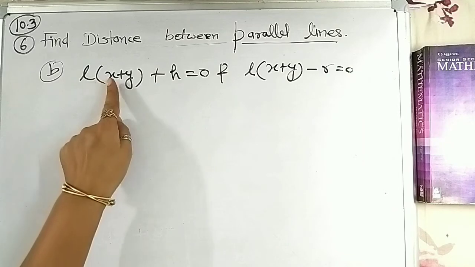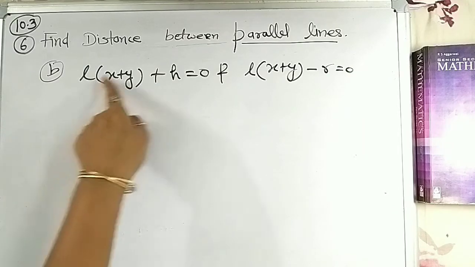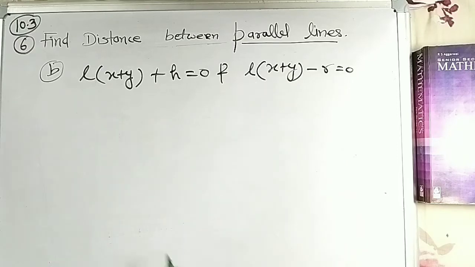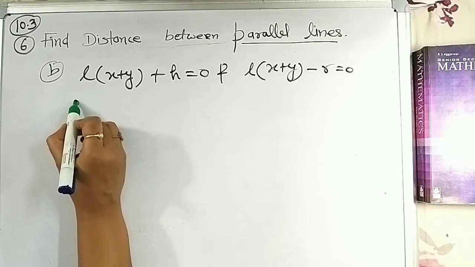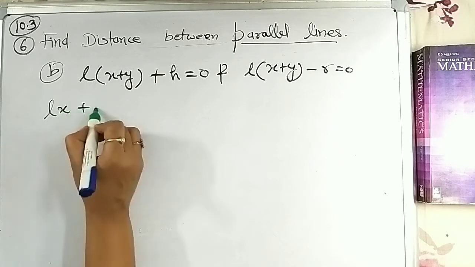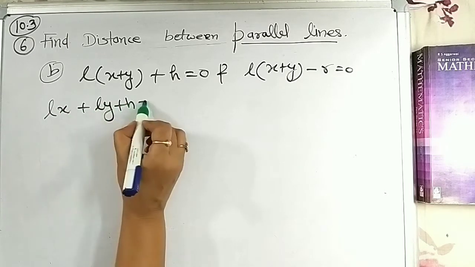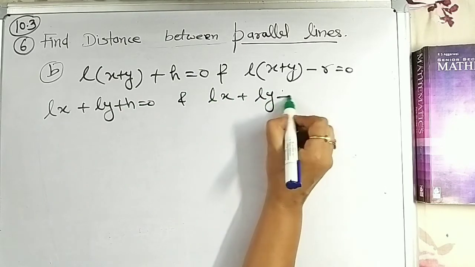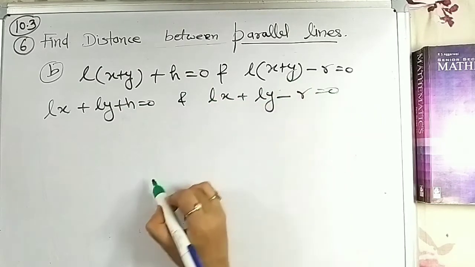So clearly the coefficient of x and y are L here, and here also the coefficients of x and y are L. So they are parallel for sure. If I simplify, it is L x plus L y plus h is equal to 0, and this is L x plus L y minus r is equal to 0.